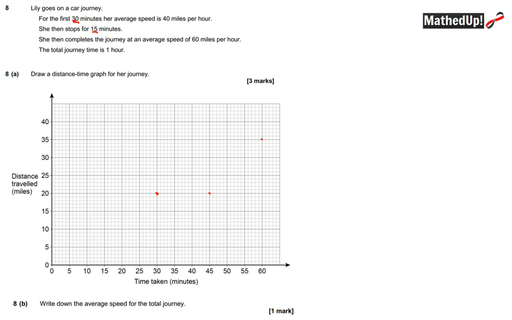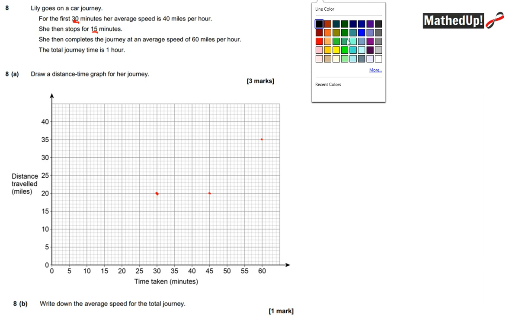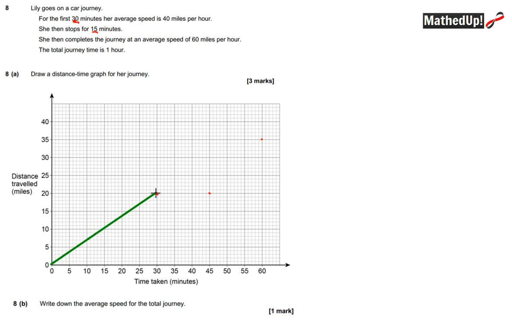So if we draw the distance time graph, we should have something that looks like, I'll do it in green, starts from there, across there, and up there.